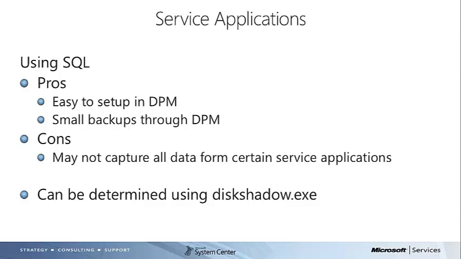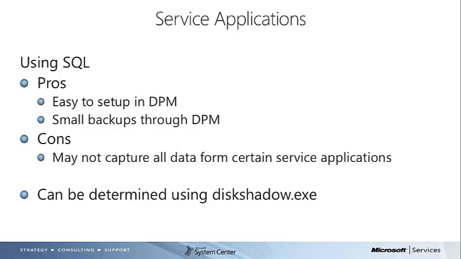So talking about service applications, there's really two approaches I think that are worth looking at. One of them is using the SharePoint inbox PowerShell script or command that you can force it to back up a service application.